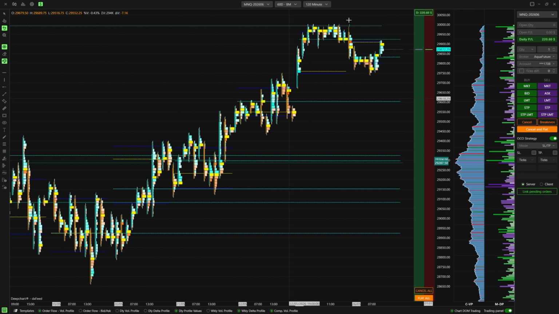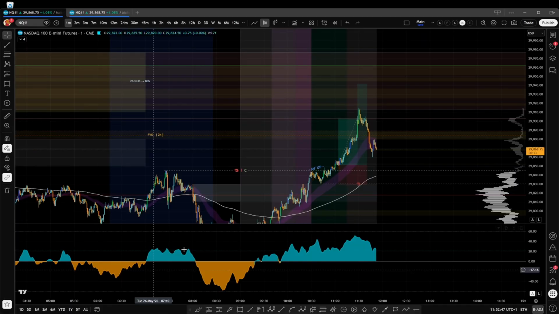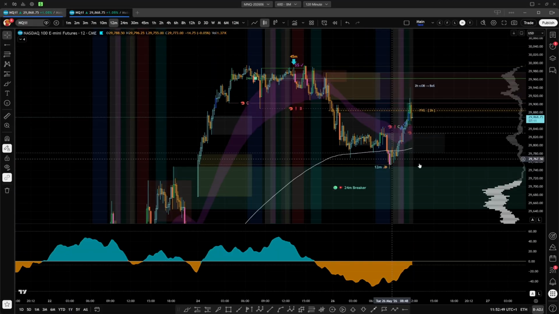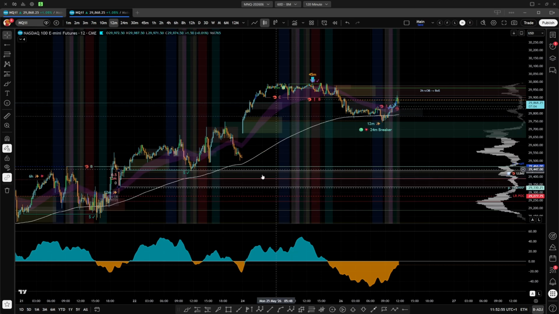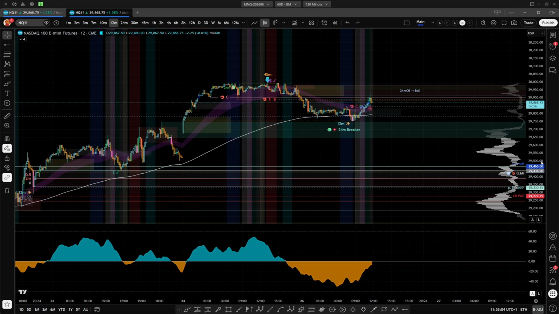And if you see down here, 29,305, there's a big cluster of VWAPs, which you can see on the main chart, which is what I was just talking about. It's a bit lower, but this zone is interesting. I'd like to see what we do if we come down here.